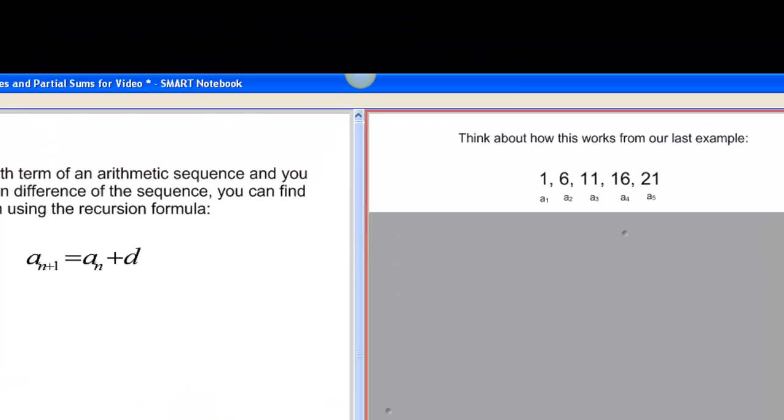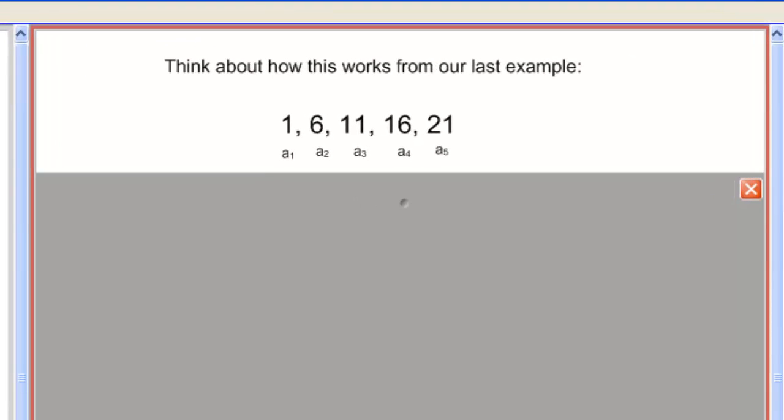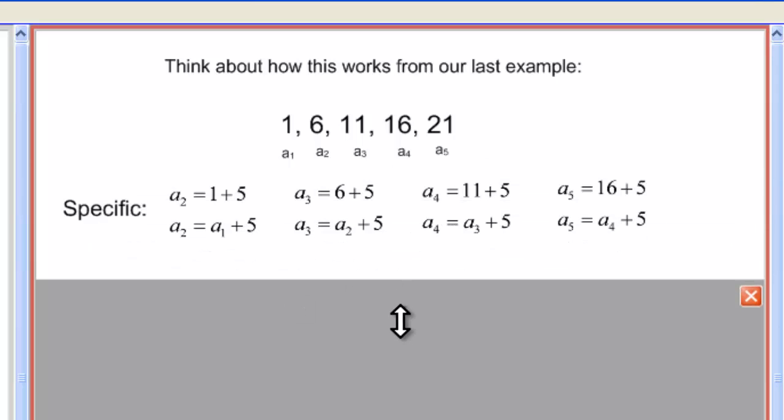Well, from our last example, didn't we have the first 5 terms as 1, 6, 11, 16, and 21? So your first term is 1, your second term is 6, your third term is 11, 16 is your fourth term, and 21 is your fifth term. So putting this all together, I can think of 6, which is the second term, as the first term plus 5.